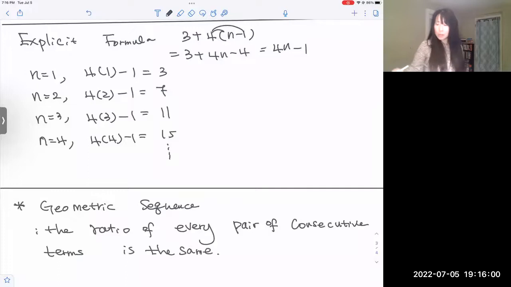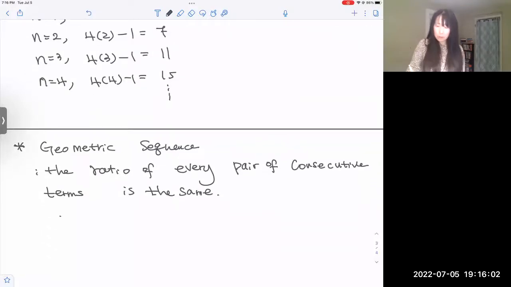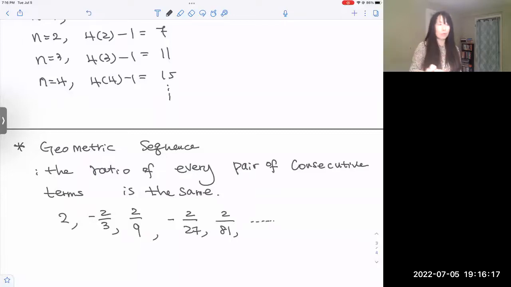So for instance, we have 2 for the first one, second one negative 2/3, third one 2/9, and minus 2 over 27 and 2 over 81. We can go further.